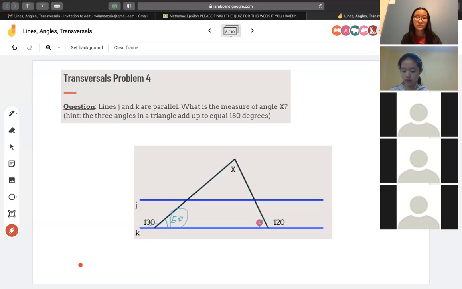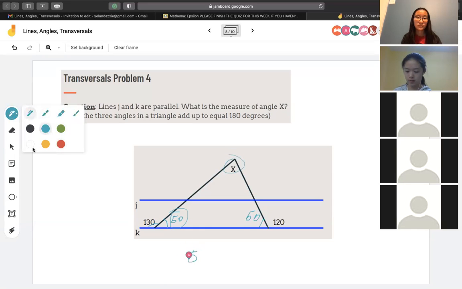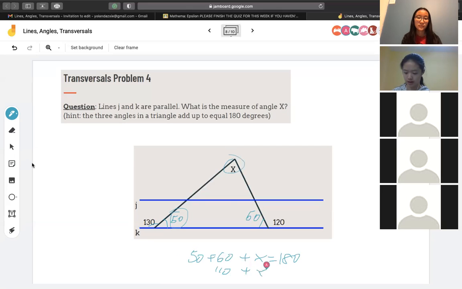This angle would be 60 degrees because, again, these two angles are supplementary, and 180 minus 120 is 60 degrees. So now we can find x because 50 plus 60 plus x should equal 180 degrees, the sum of all the angles in a triangle. So we can solve for x and find that x is equal to 70 degrees. That's our answer.